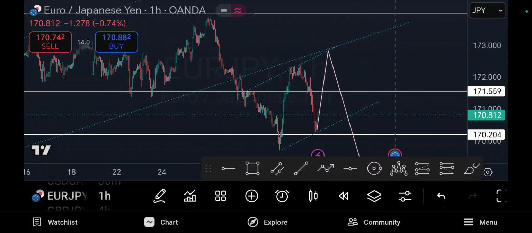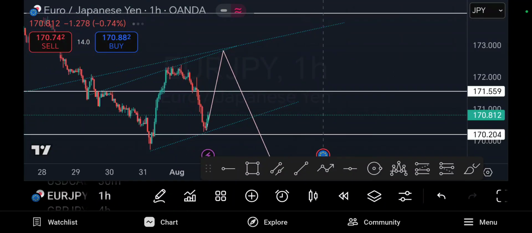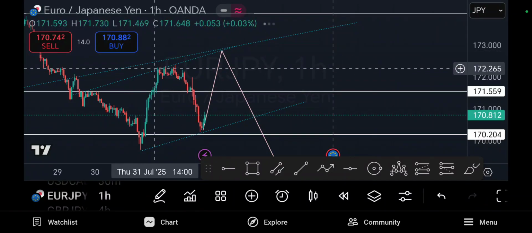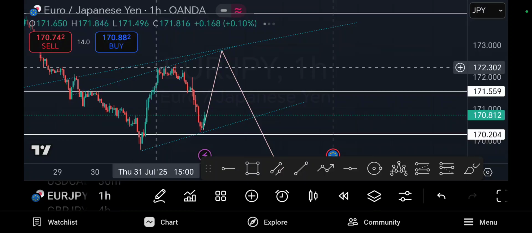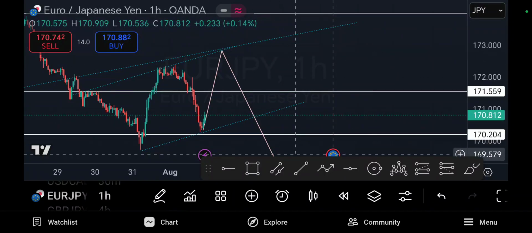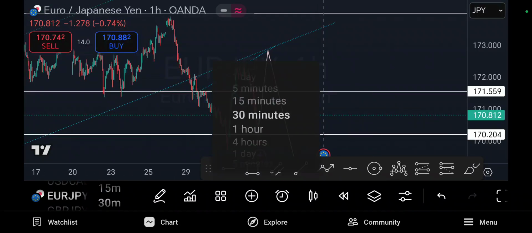See, nice double top. It's not a double top formation, but it's a double top touch to give us that nice sell to the downside. That's Euro JPY. We finished.